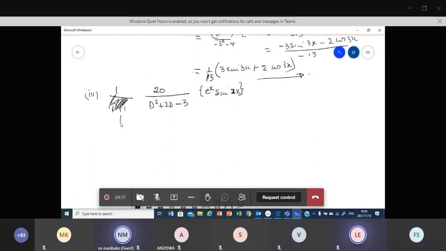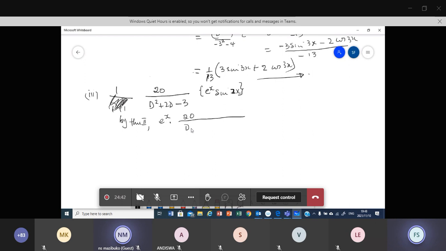By Theorem 2, we say this must be in front: e to the power x, 20 all over. What does Theorem 2 say? D is replaced by D plus the exponent's derivative, so D plus 1, all squared, plus 2 times D plus 1, minus 3. What are we left with here? With sine 2x.